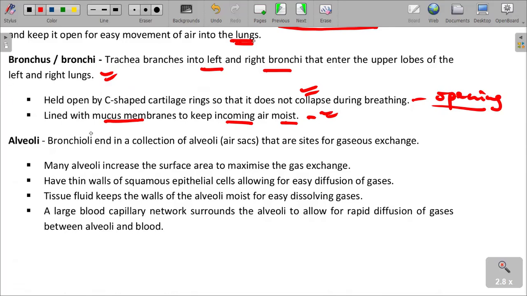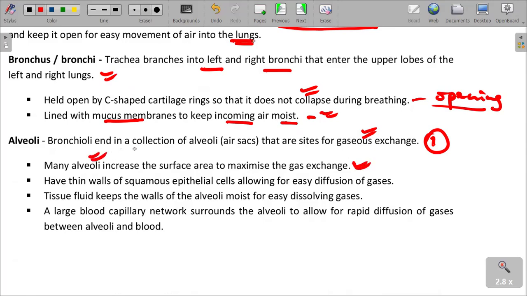And then the alveoli. The bronchi branch end into a collection of alveoli, air sacs that are sites for gaseous exchange, which we already mentioned. The alveoli are a site of gaseous exchange. Many alveoli increase the surface area to maximize gas exchange.